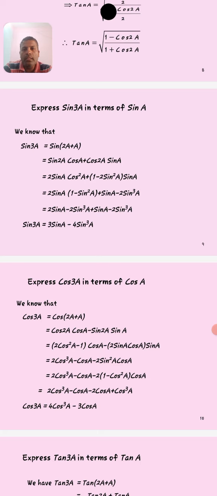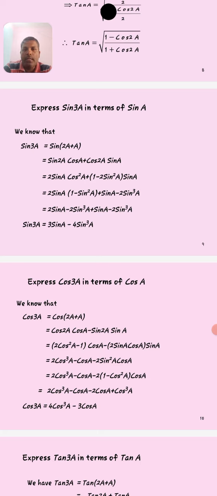Now that is equal to 2 sin a minus 2 sin cube a plus sin a minus 2 sin cube a. Here minus 2 sin cube a and minus 2 sin cube a cancel.